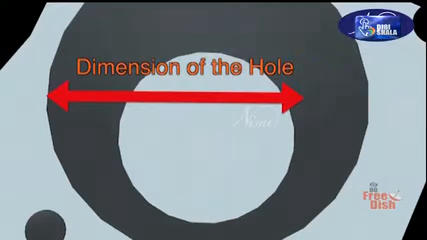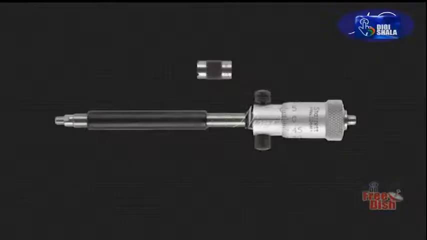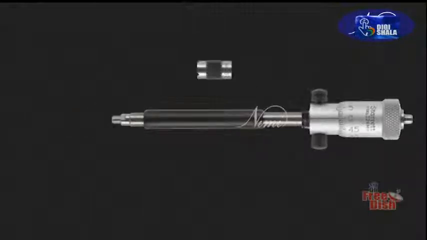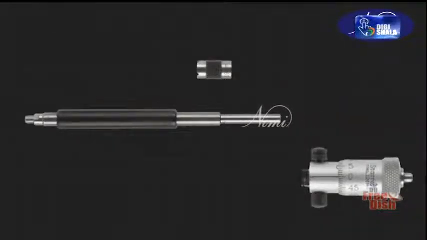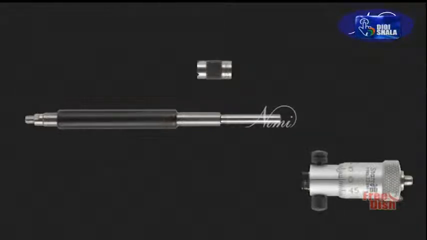If the hole size is more than 38 millimeters diameter, use a 12 millimeter spacing collar along with the existing extension rod. Loosen the clamping screw. Release the extension rod from the barrel head. Wipe the locating faces on the collar and barrel.